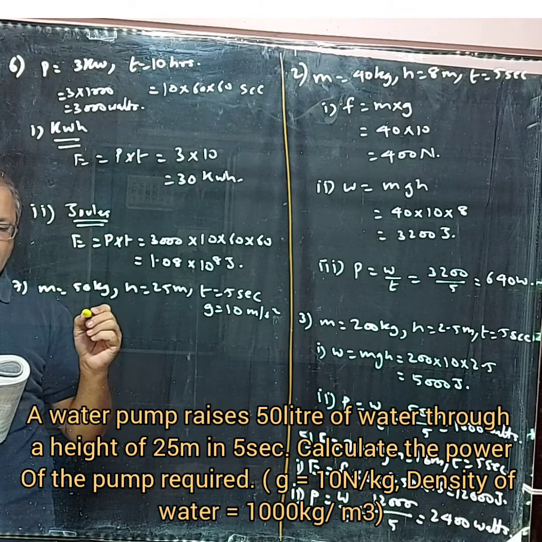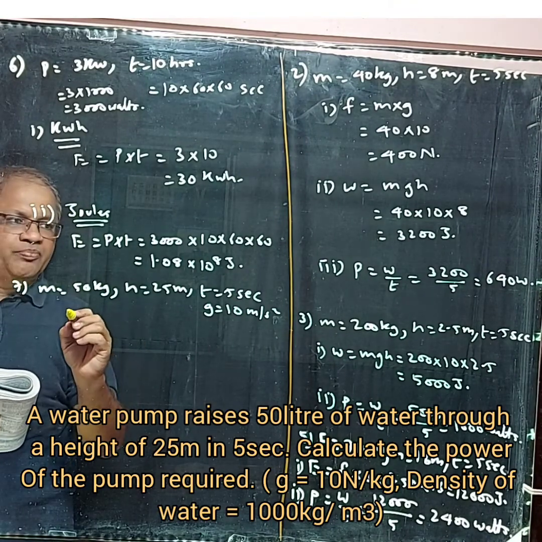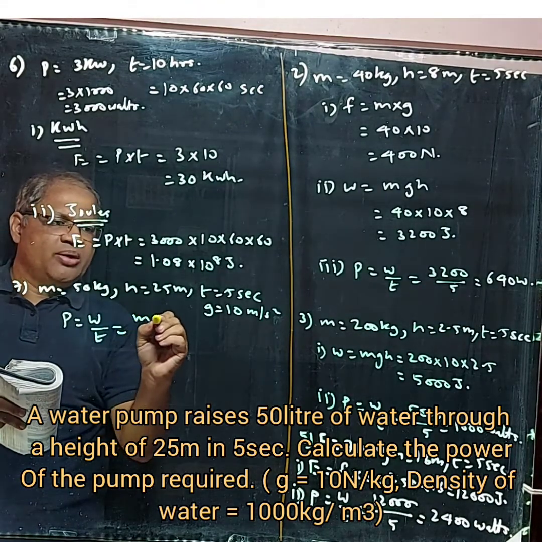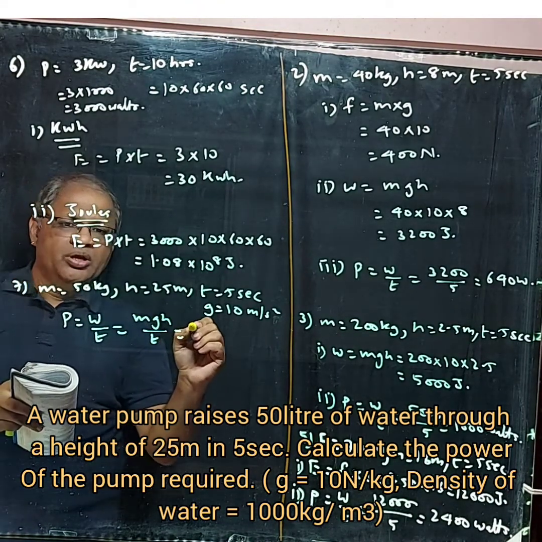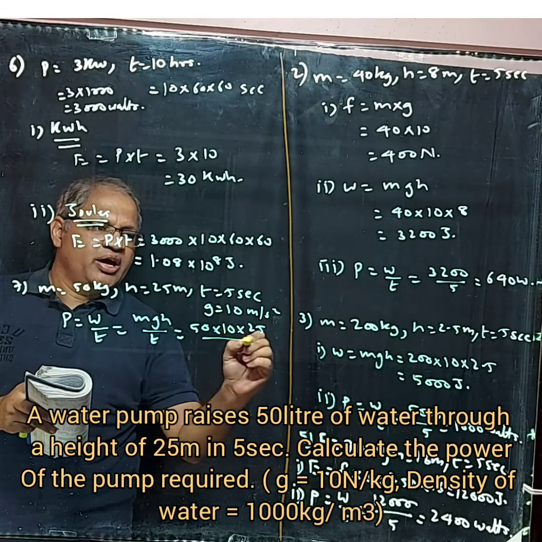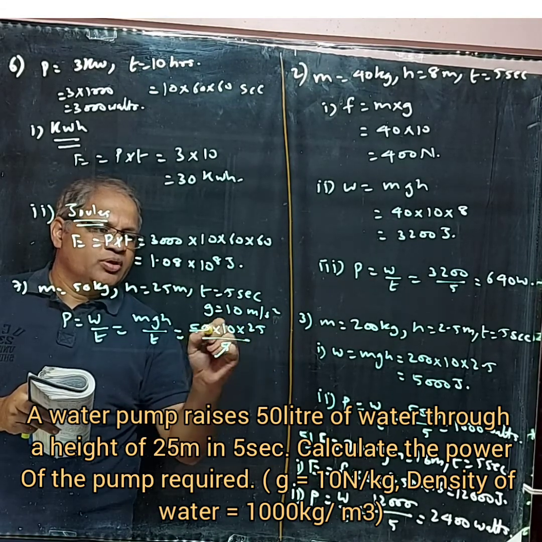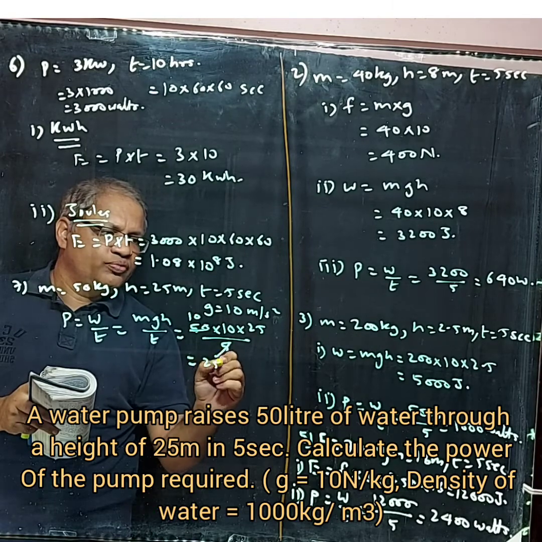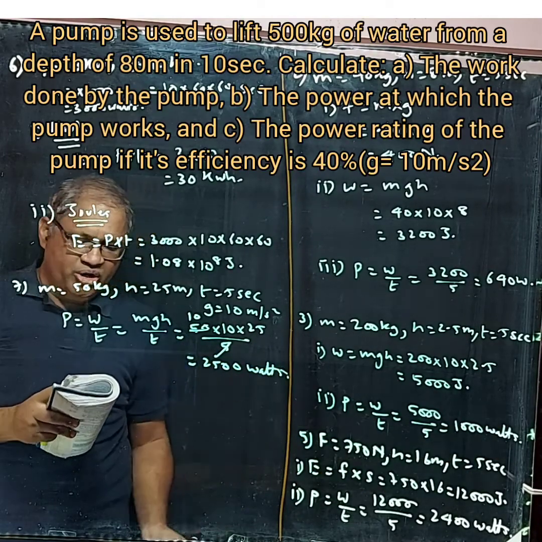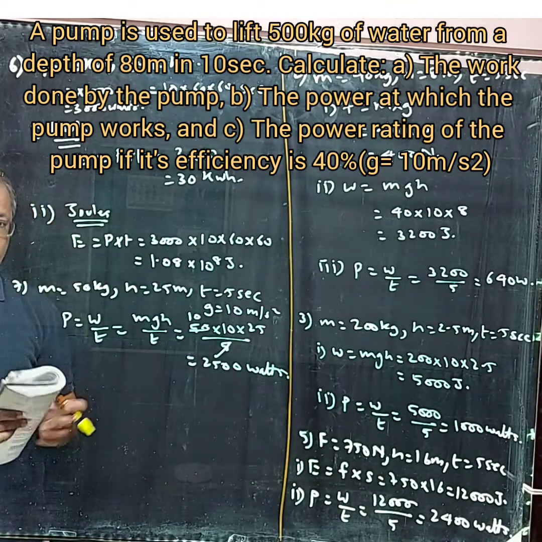They are asking for power. So power is equal to work upon time. So mgh upon time. Mass is 50, g is 10, h is 25, upon time is 5. So it comes to 2500 watts. Did you understand? Now question number 8.